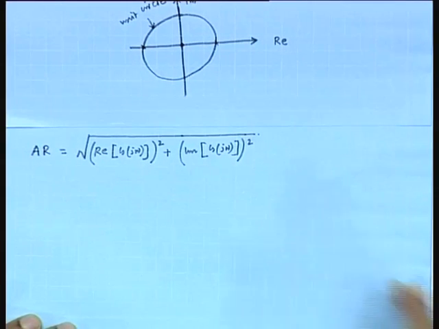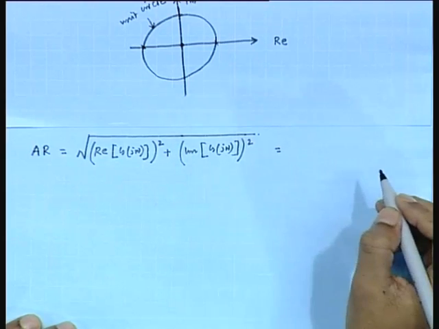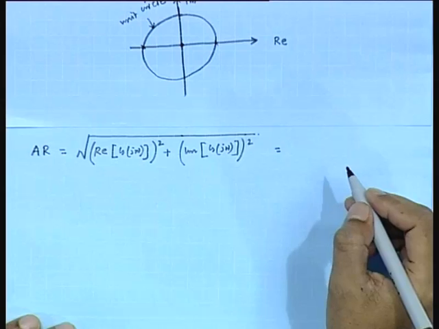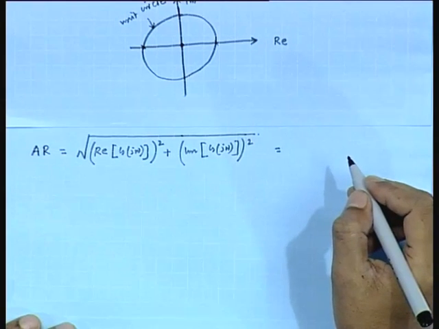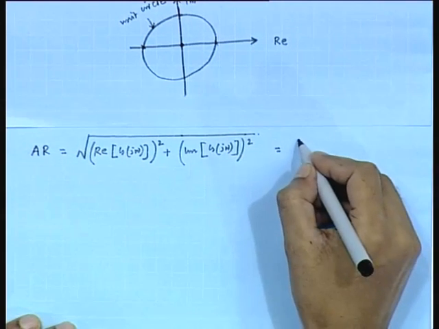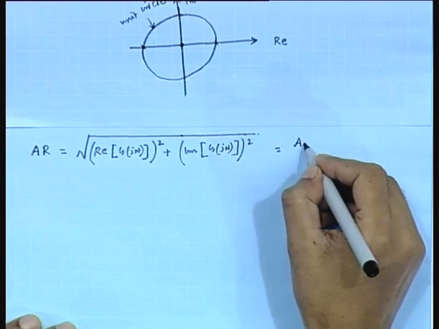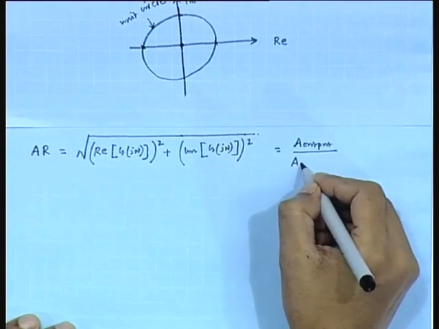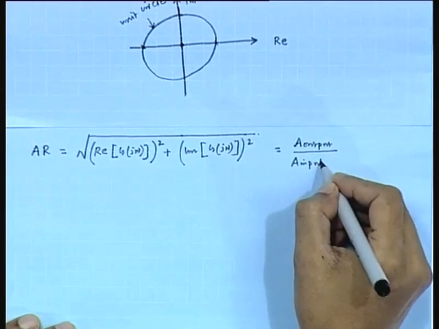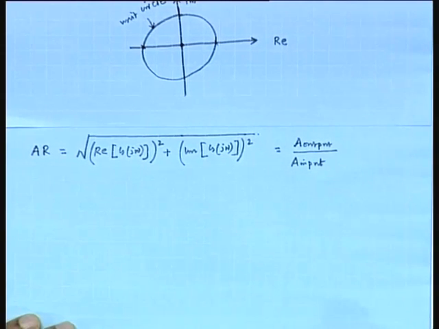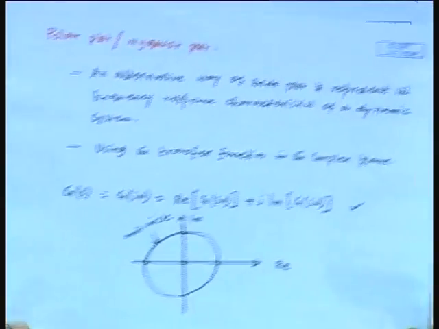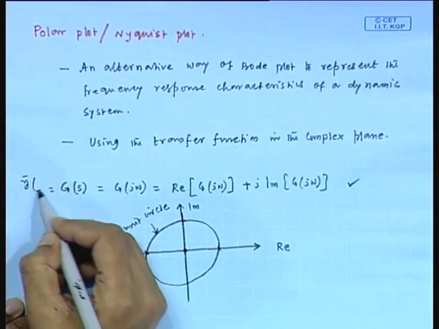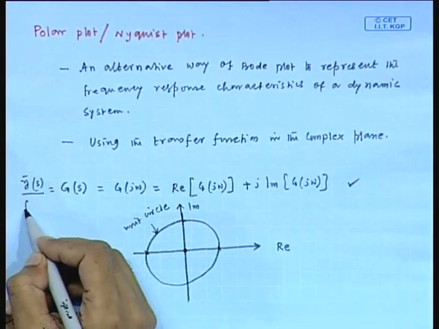Fine. Amplitude ratio we know is represented by output amplitude divided by the input amplitude, I mean amplitude of the output divided by amplitude of input, and this transfer function G(s) is represented as output divided by input.